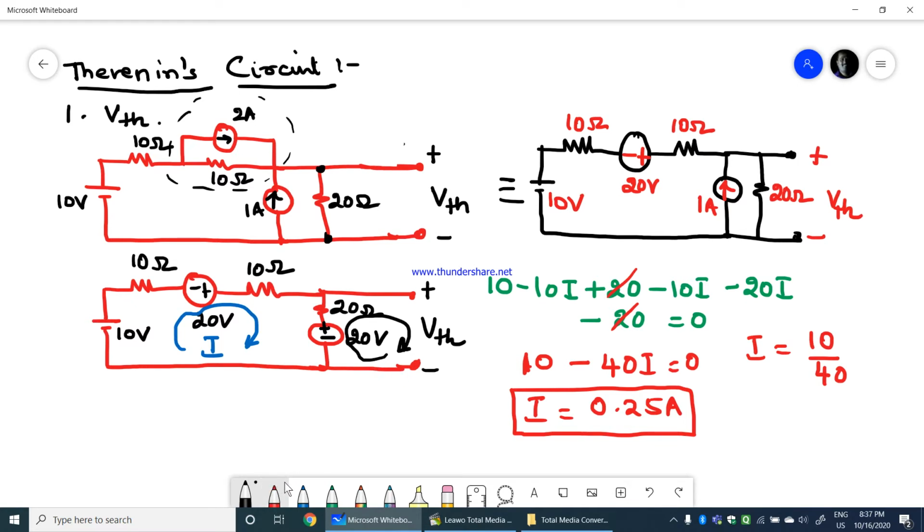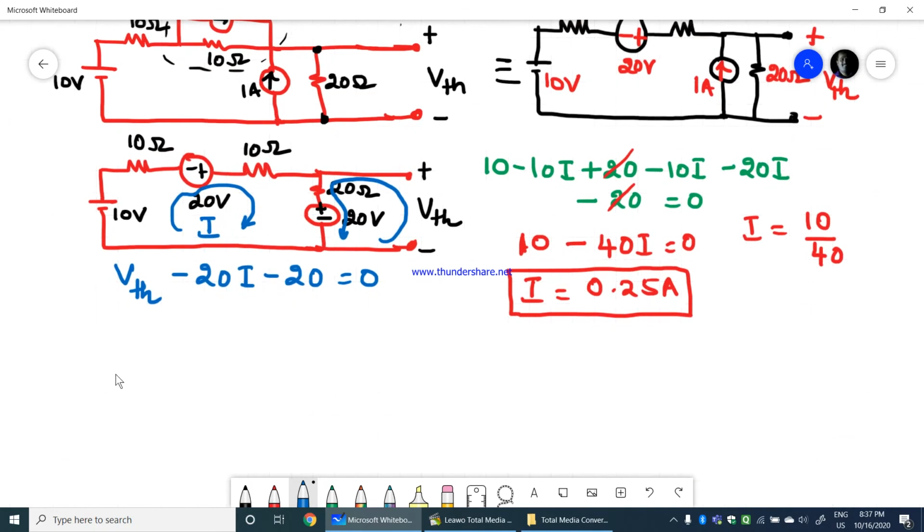For that KVL I'll apply in a reverse direction, so that the current I will flow in the same direction according to this current. So what will I get? Plus VTH minus 20 times I minus 20 equals 0.